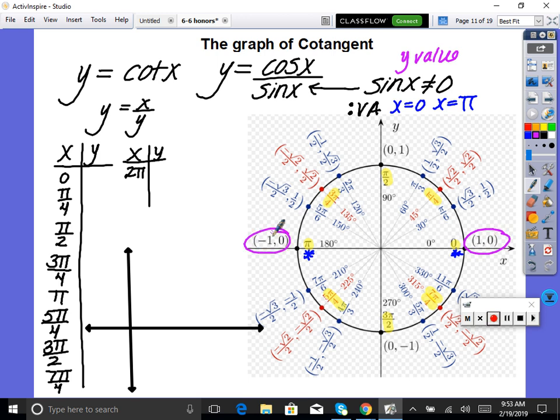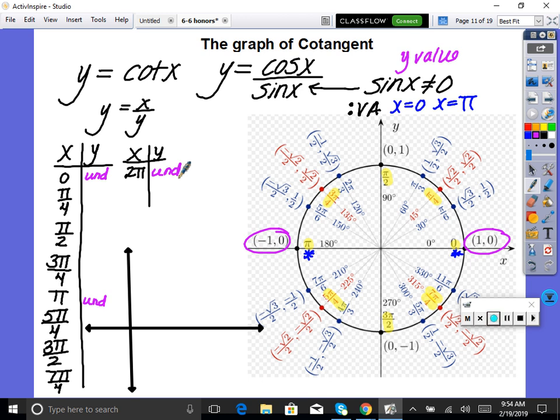So our asymptotes are actually at different places for cotangent. It's at any time it hits either 0 or pi in that place, or any coterminal angle. So 0 is undefined, and pi is undefined. So then wouldn't 2 pi be undefined? So that's also in the same spot. Okay, now we're just plotting points just like we did with tangent.